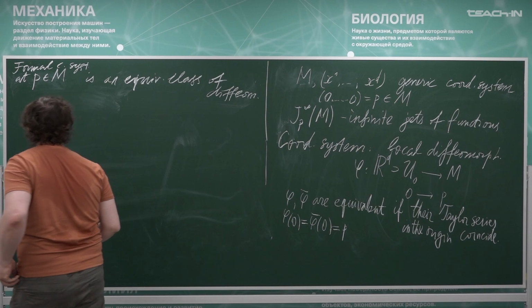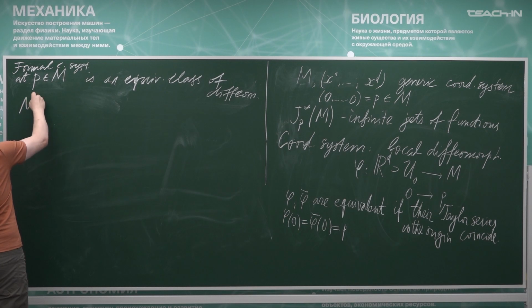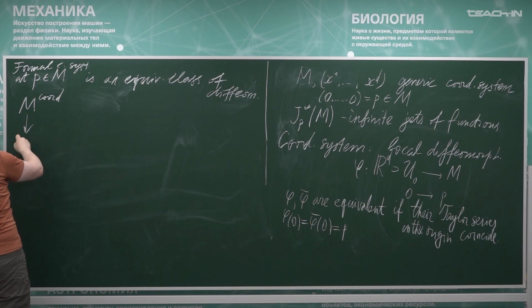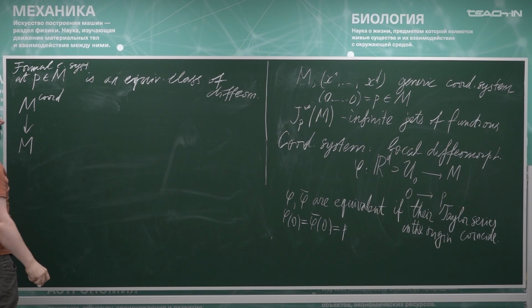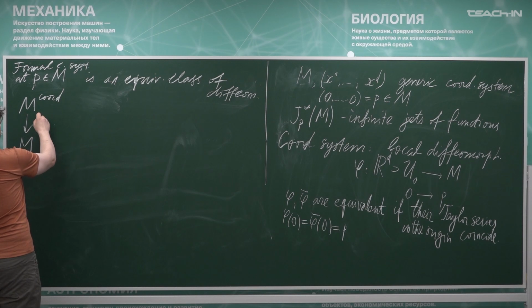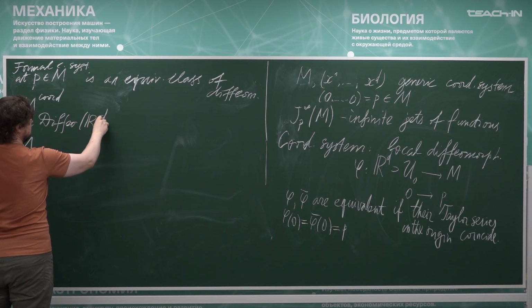The space of formal coordinate systems constitutes a principal bundle over M, where the map is just given by forgetting the corresponding coordinate system and sending every coordinate system at P to P itself. The fiber of this map is the space of formal diffeomorphisms of Rd at the origin.